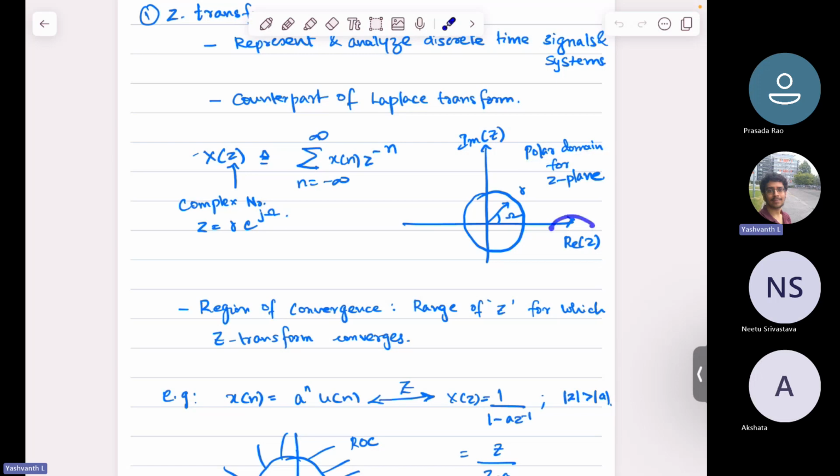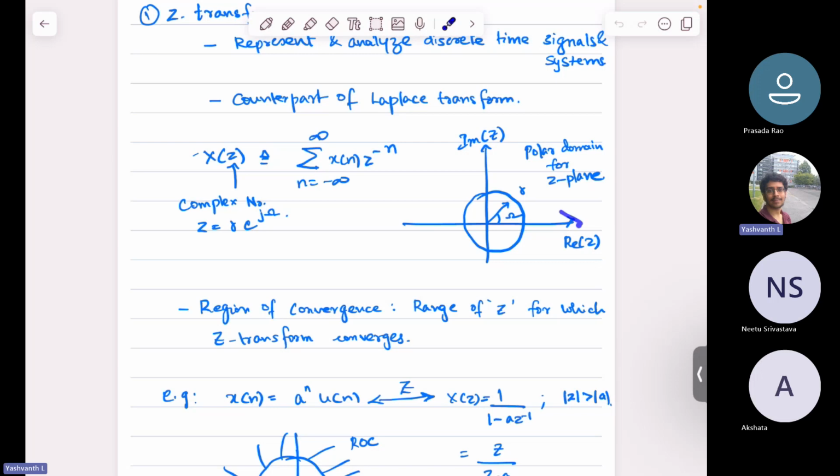The axes I'm showing here are the Cartesian system, but there's another system called the polar system to represent a vector in a plane. In the polar domain, you can represent the same complex number using r and omega, where r and omega are related to z as z equal to r times e raised to j omega.